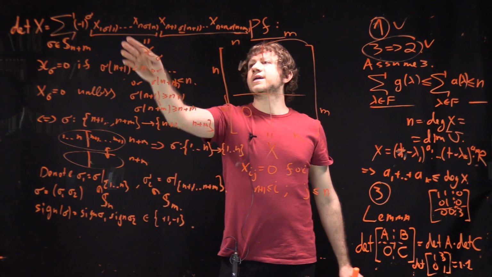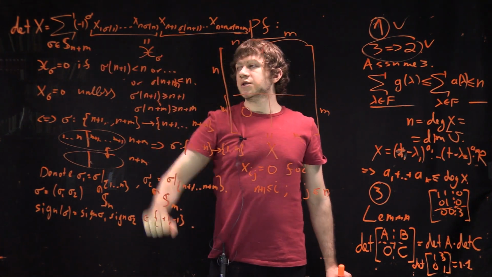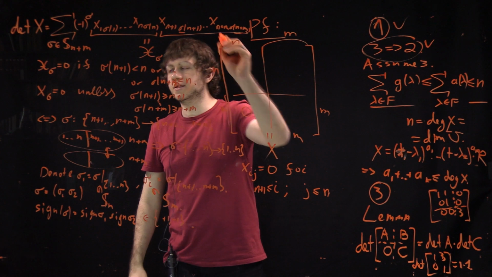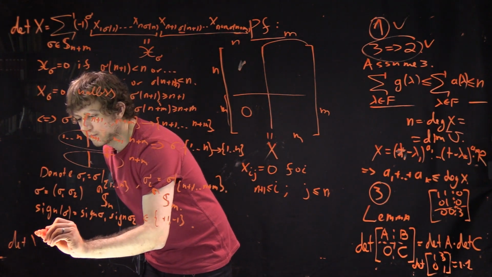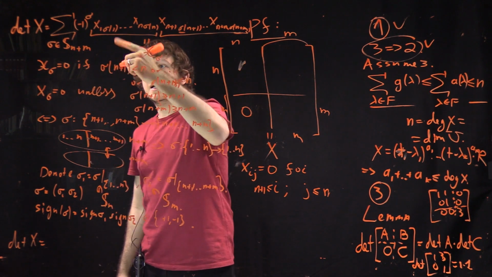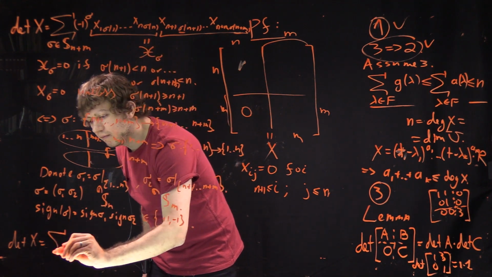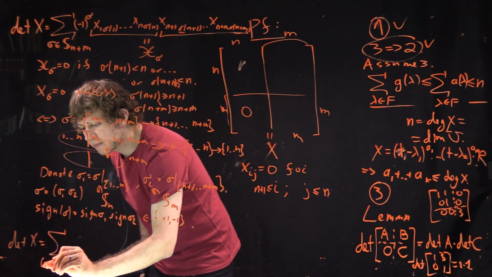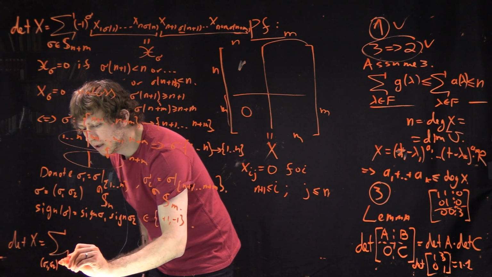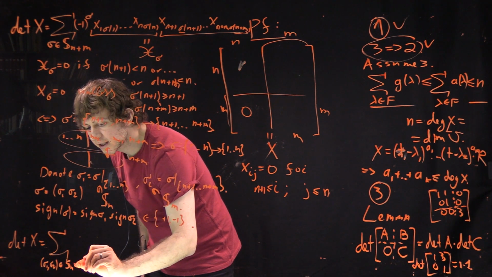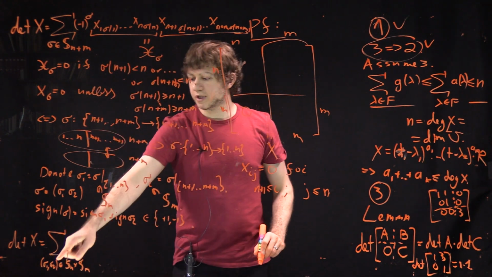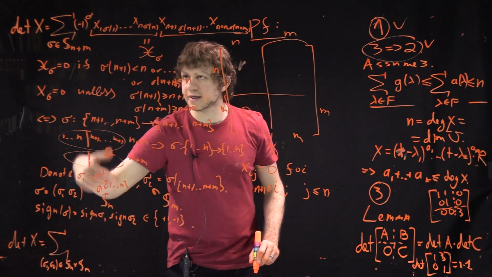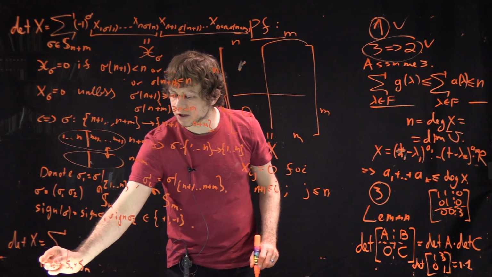So now let's look again at this sum. This determinant of x, from what we discussed, is equal to the sum over all these pairs sigma 1, sigma 2 inside Sn times Sm. So we need to take the permutation sigma in S n plus m, which is built out of these two.